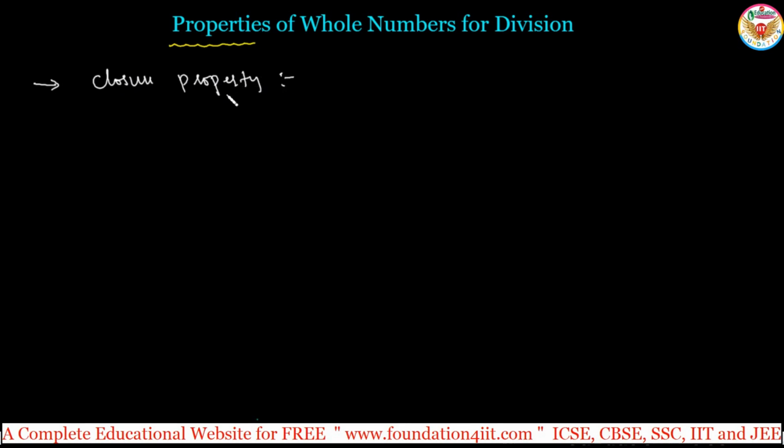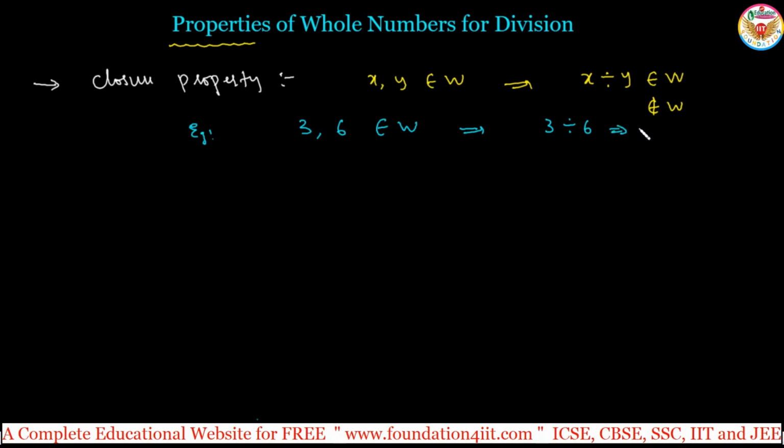When you come to the closure property, if x and y are two whole numbers, x comma y belongs to whole numbers, then x divided by y is not necessarily a whole number always. It may belong to whole numbers, or sometimes it does not belong to whole numbers. See the example. If you take 3, 6, 3 comma 6 belong to whole numbers, then 3 divided by 6 is 1 by 2.